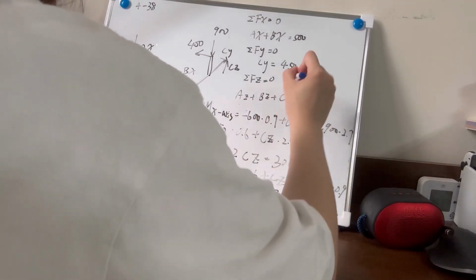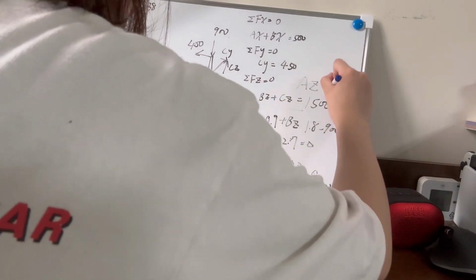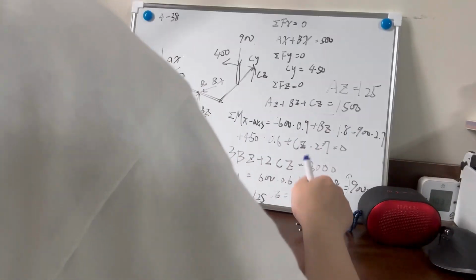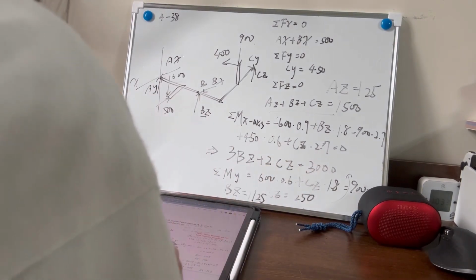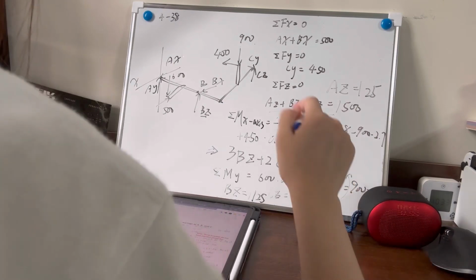And we know the Cz, Bz here. We can know the Az is 125. So now we know the Az, Bz, and Cz.